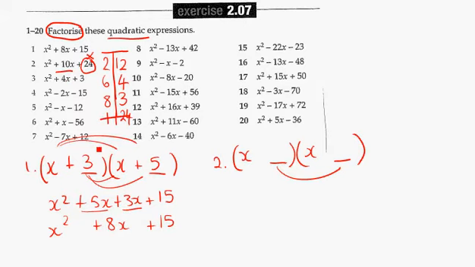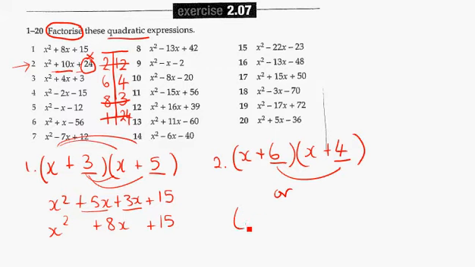Clearly it's not going to be 1 and 24. I can't use an 8 and a 3 to give me 10. There's two options here. I could do 12 minus 2 would give me 10. But you'll notice that both signs here are positive. The whole quadratic is positive. So I can't be introducing a negative into one of those brackets. And clearly 6 plus 4 is 10. So I'm going to need a plus 6 and a plus 4.